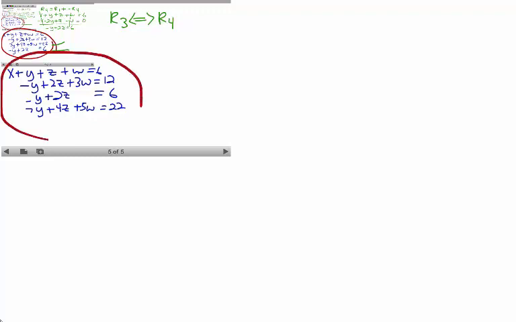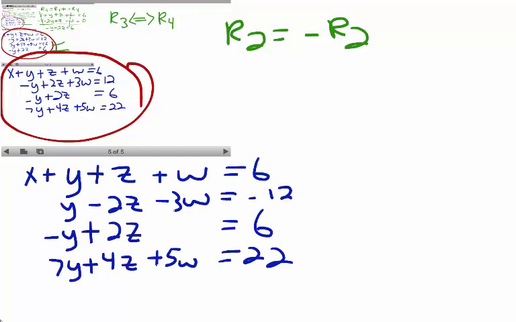For our next row operation, we're going to distribute a negative 1 across row 2, and we'll store it in row 2. So we have row 2 equals negative row 2. We simply flip the signs for all entries in row 2. So our new system looks like this.